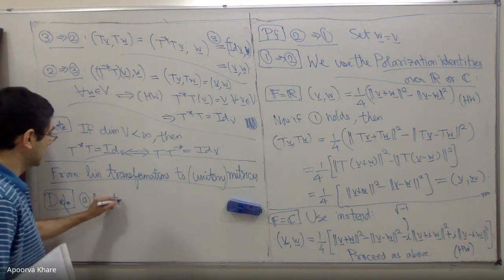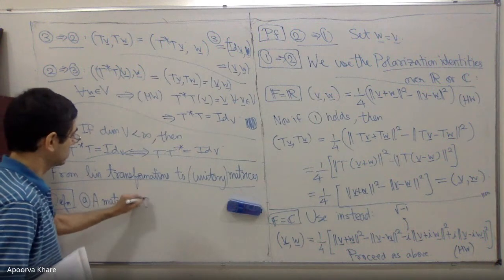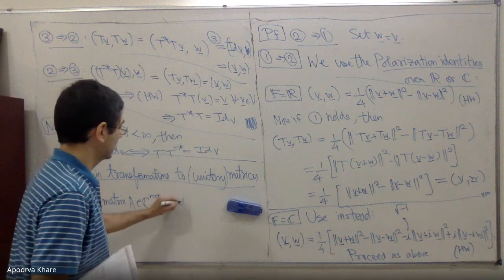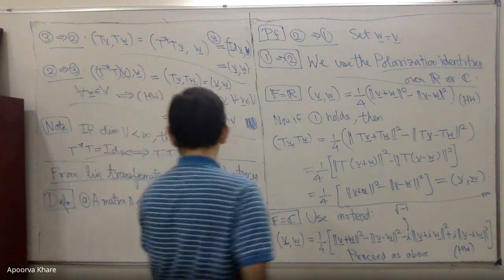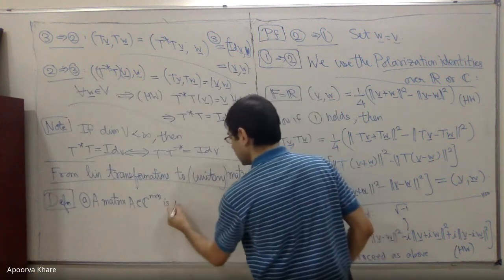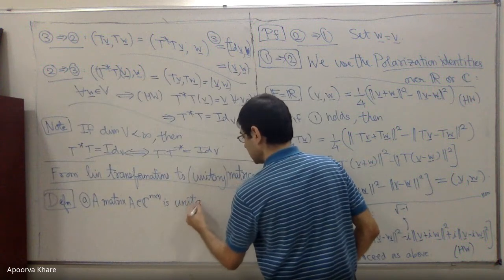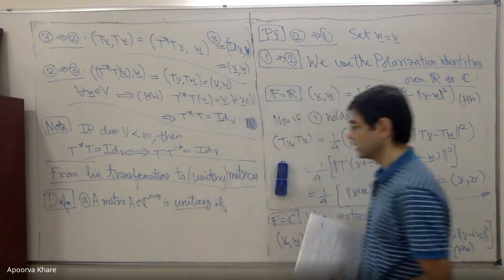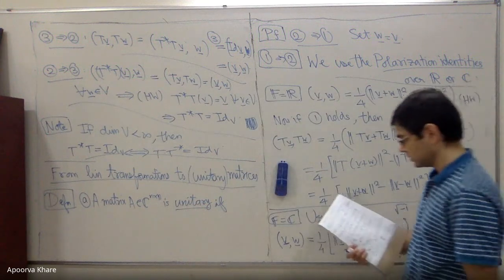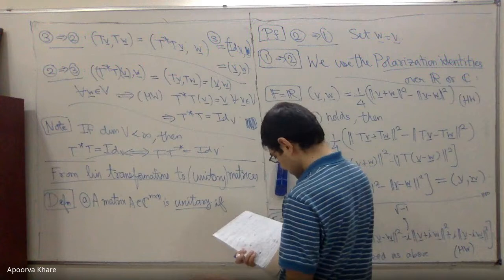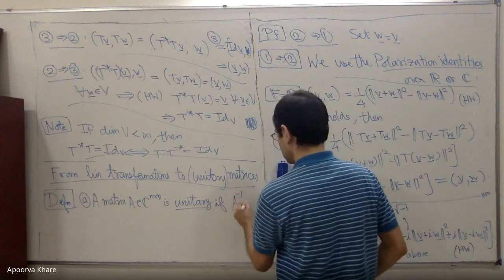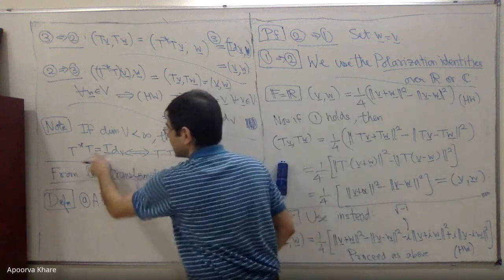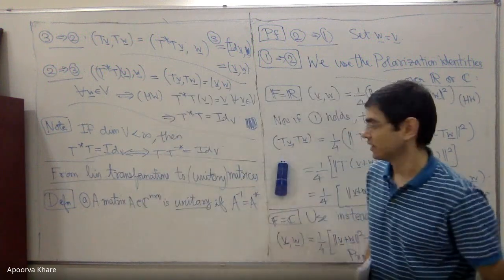A matrix A belongs to C to the n cross n, a square matrix, is unitary if A star equals A inverse. This is if and only if A star A is identity or A A star is identity.